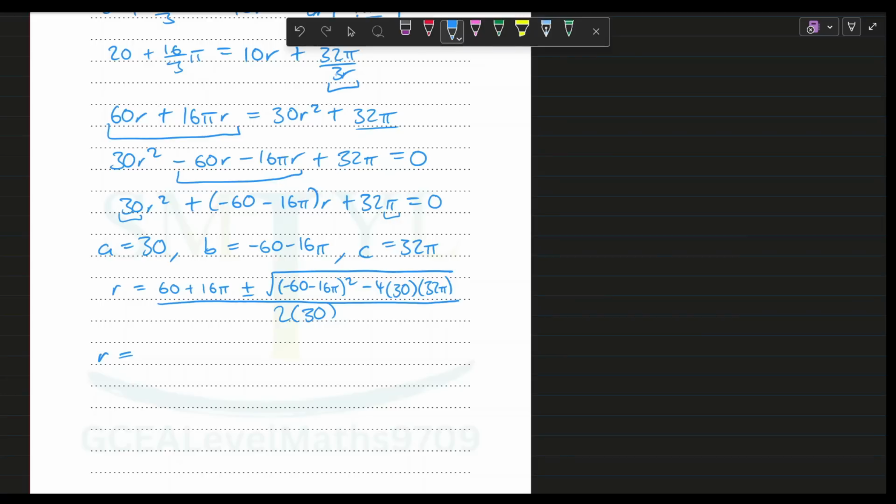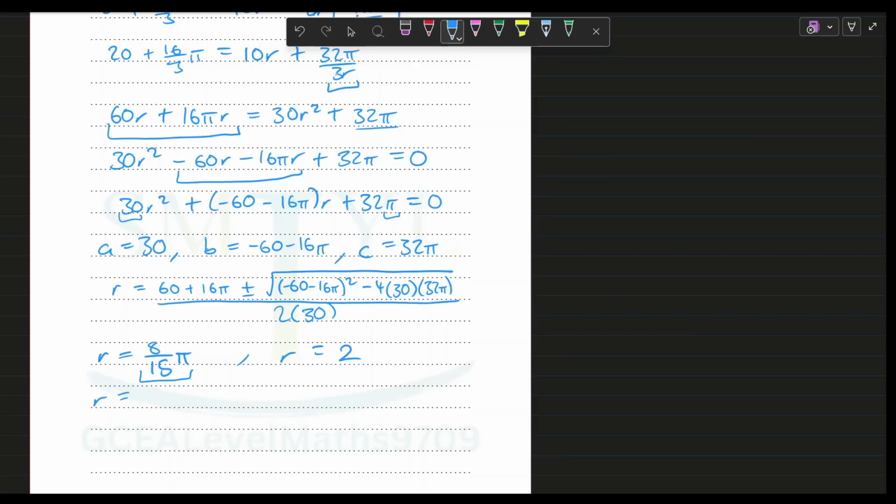This gives us 8 over 15 pi. Okay, and then if we use the positive sign, so 60 plus 16 pi plus the square root, you get positive 2.